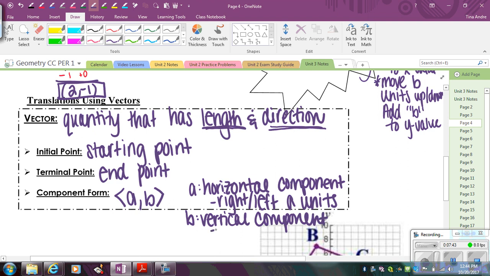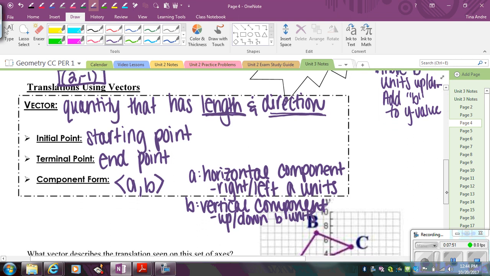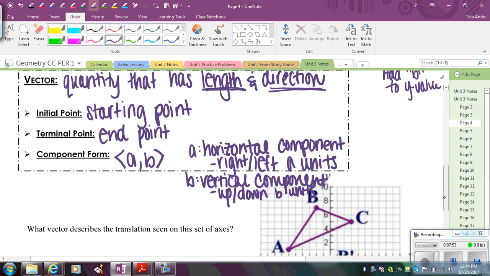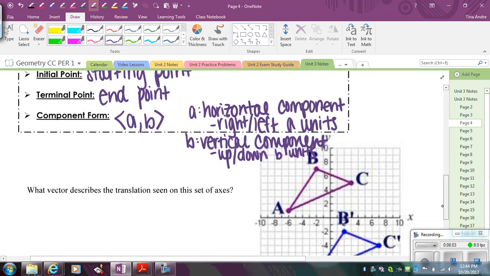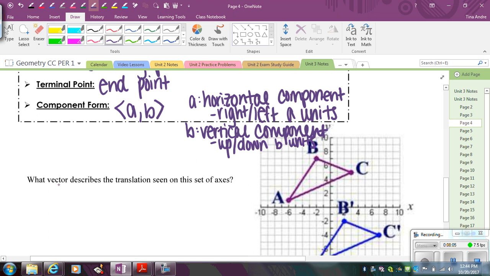So that's going to tell you up or down B units. Or adding that B value to your y coordinate. So basically this notation is called the vector notation, but it's really the same thing as what you saw with the other translation rules. So if we look at this, it says what vector describes this translation.